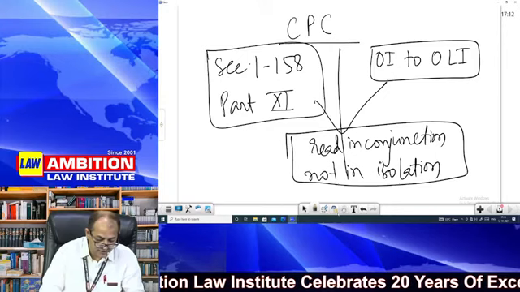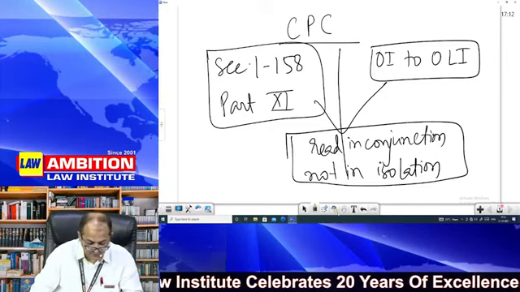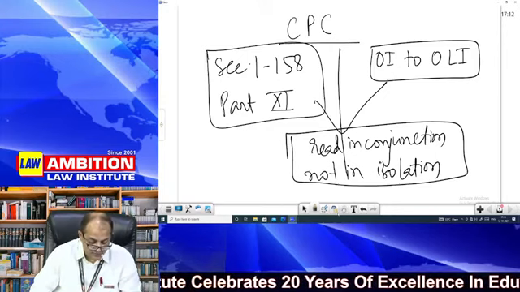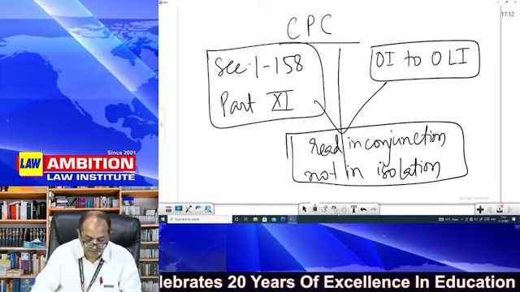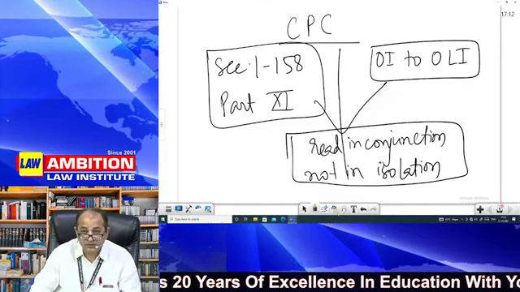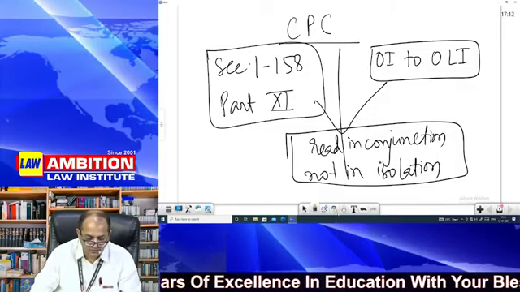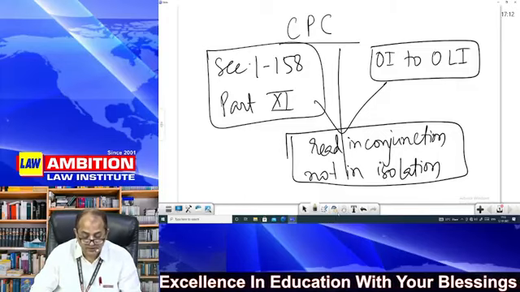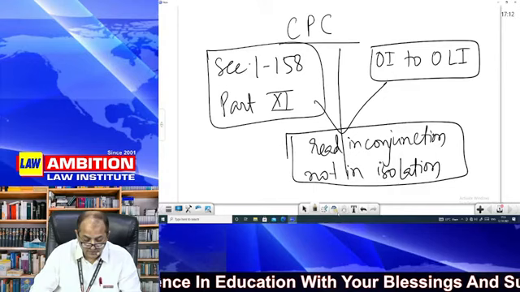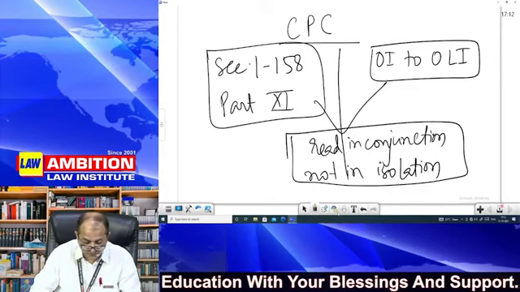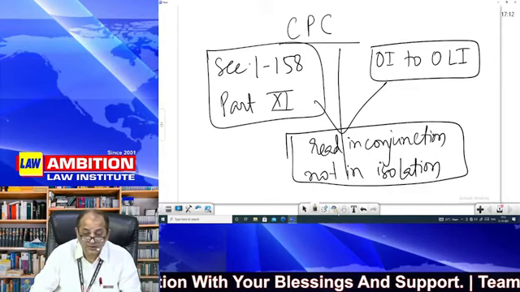Then I'll move further to the process of CPC. Now when you read this CPC, that is the Code of Civil Procedure, Act number 5 of 1908, which came into force on 1st January 1909.